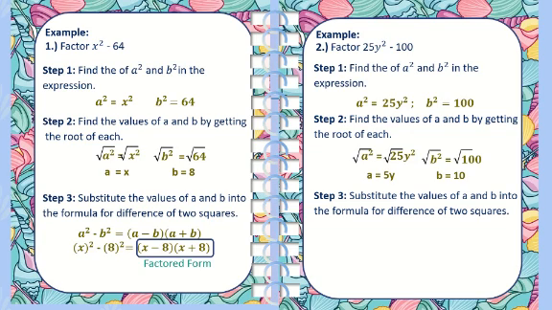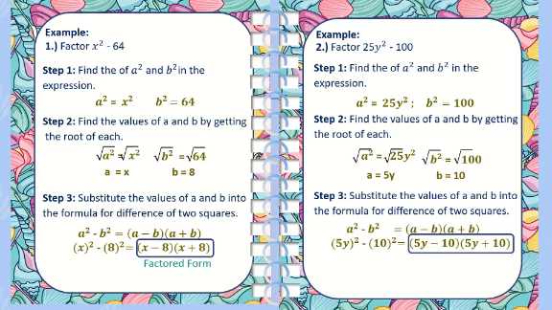Step 3, substitute the values of a and b in the formula for the difference of two squares. So we have the factored form: the quantity 5y minus 10 times the quantity 5y plus 10.